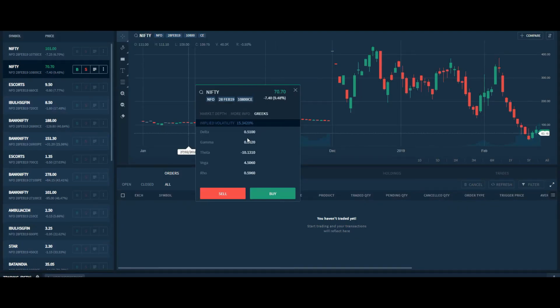Now let's understand one thing, that Vega peaks at ATM, and it's very important to know this particular fact. When we discussed theta, we discussed the time value.